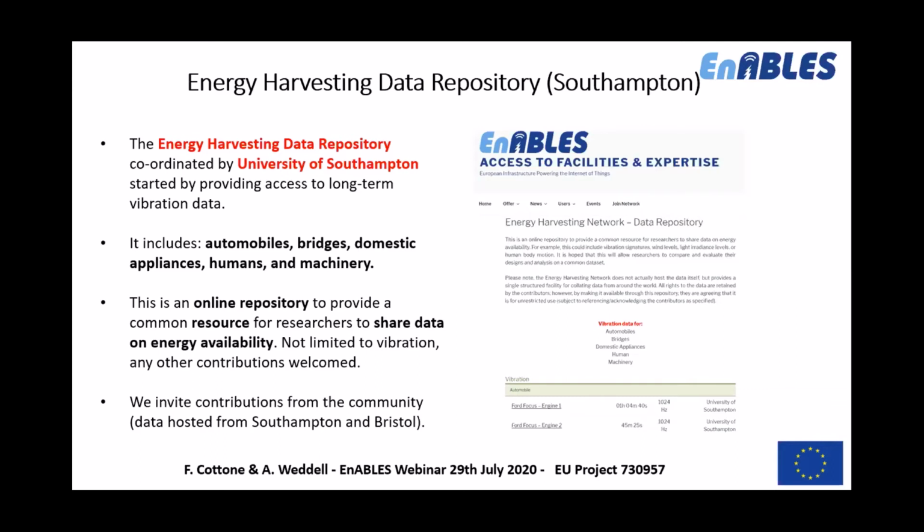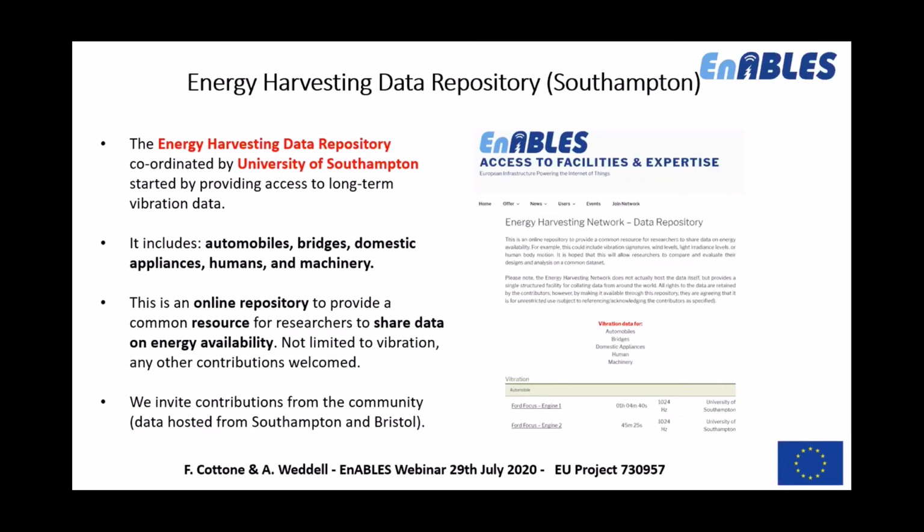So in common with the database from Perugia, our database includes samples from cars and vans, bridges, domestic appliances like washing machines, tumble dryers and fridges, some human-based data, and also some industrial machinery, such as a Ward Leonard-style motor and a hot water circulation pump.